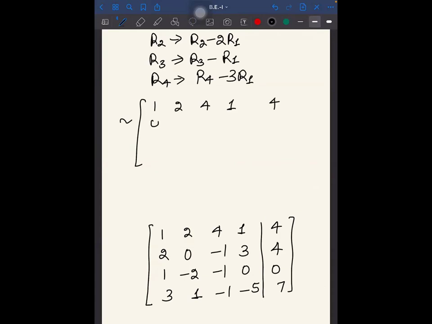And here you multiply by 2 and subtract. So 2 into 2, 4, minus 4. 4 into 2, 8, minus 8. 1 into 2, 2, 1. And then 4 into 2, 8. 4 minus 8, minus 4.